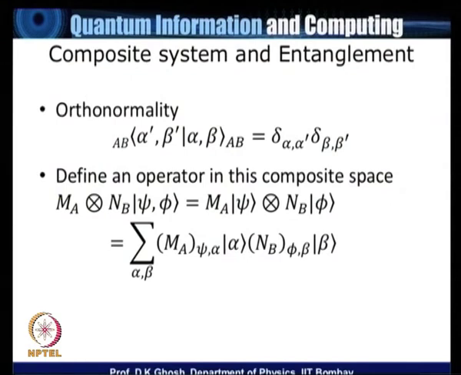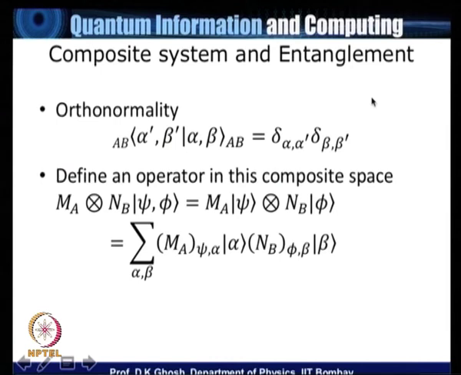Let me call it A and B. And let us suppose alpha is a basis in the subsystem A and beta represents a basis in the subsystem B. Now, I define my composite system like this, that is |alpha beta>_AB, and if I take vectors in the subsystem A and subsystem B as alpha prime beta prime, then the corresponding bra multiplied with this ket gives me the inner product.